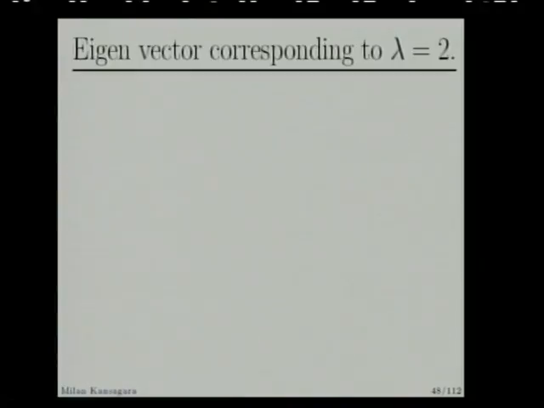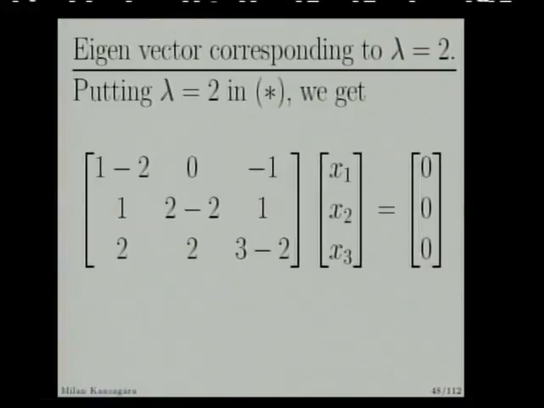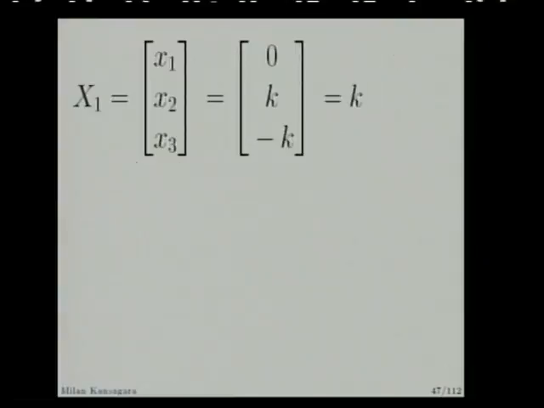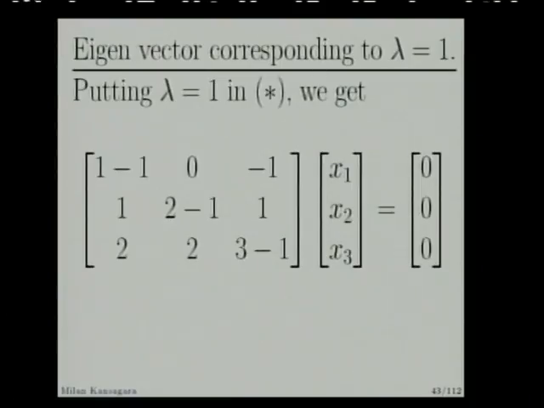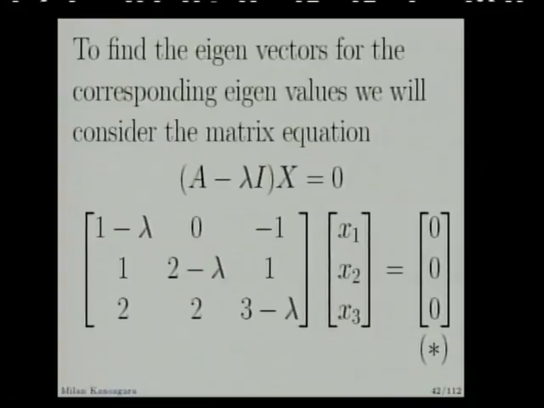So the eigenvector corresponding to lambda 2: the same procedure, replace lambda equal to 2 in that equation star. So let us see what star is. Star is this.